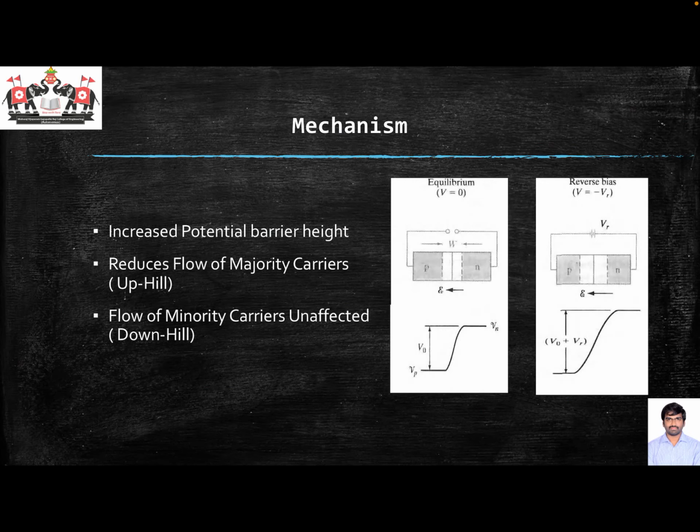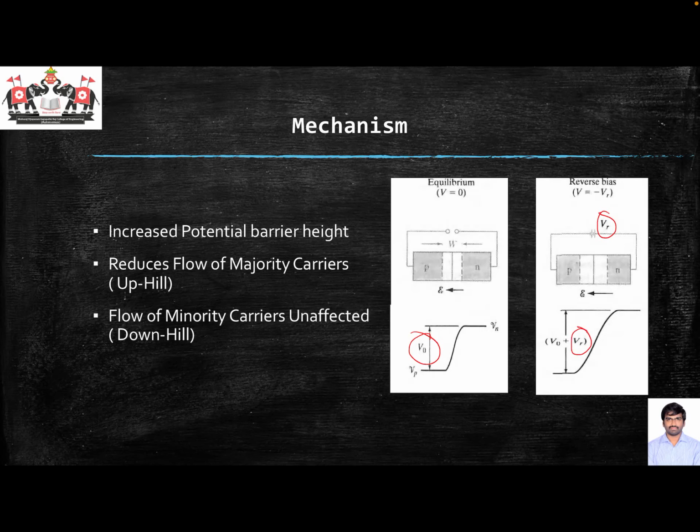If you see the potential barrier height, initially say the potential barrier height is V0 units. Now upon giving a supply of magnitude VR in reverse bias, the height of the potential barrier will increase by VR units. So the initial potential barrier height V0 has now become V0 plus VR. It means that for the majority carriers, the height of the barrier has increased.